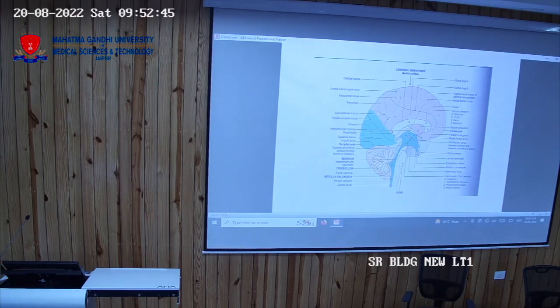And the gyri around this central sulcus, that is this one, this is called the paracentral lobule. The paracentral lobule has the controlling power over the micturition and defecation center. So that is important, the paracentral lobule.